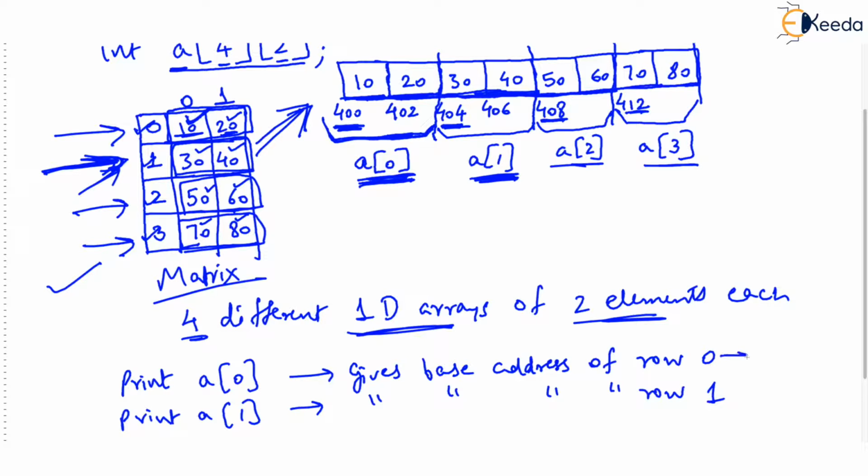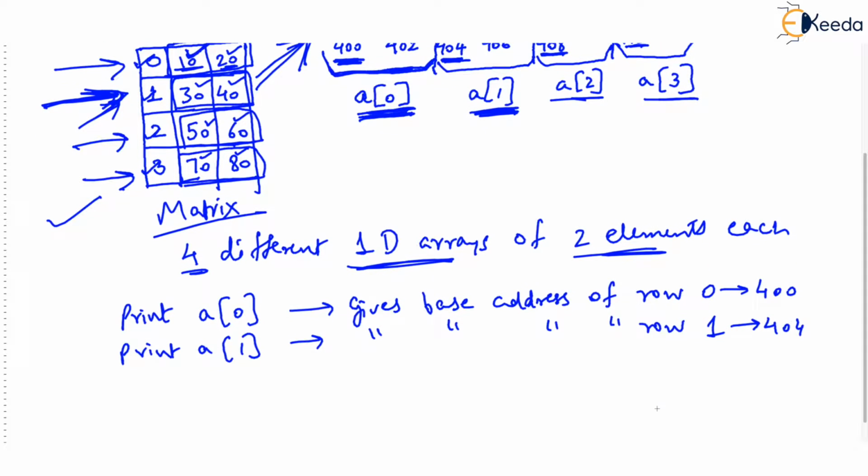As you see in our example, the base address of row 0 is 400 and the base address of row 1 is 404. So in general, if I write print AI, where I is some subscript, then this will give the base address of row I. Some row I am checking, where does that row begin in the memory.